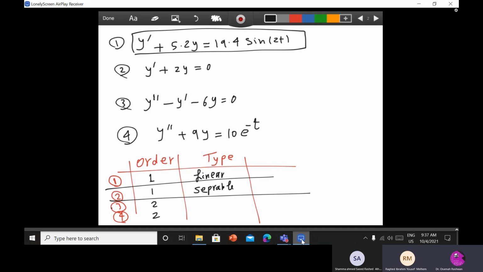Third one, sorry. Homogeneous. Second order, homogeneous with constant coefficient, right? Yes.